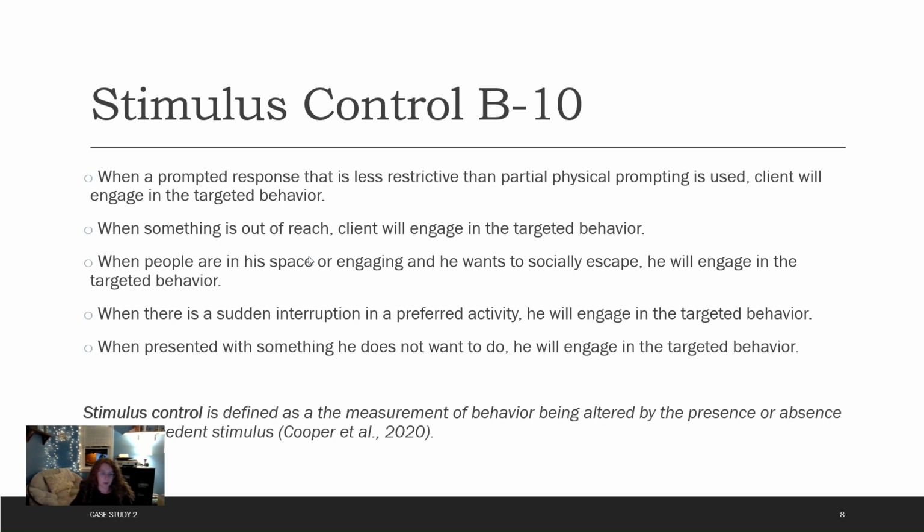Cooper defines stimulus control as the measurement, whether it's frequency, duration, latency, or magnitude of the behavior or intensity, being altered by the presence or absence of an antecedent stimulus.